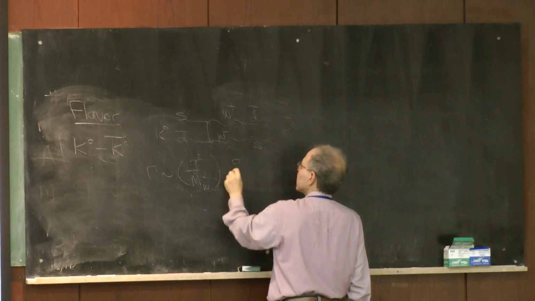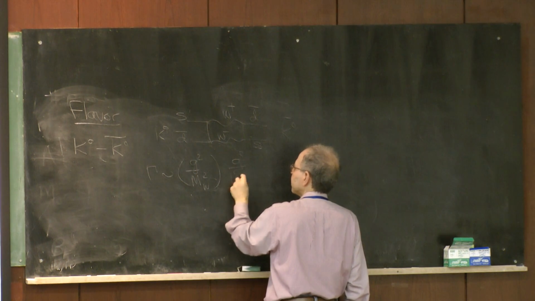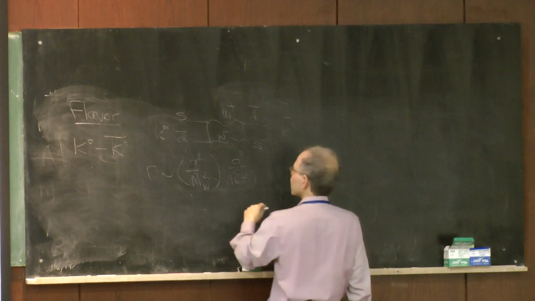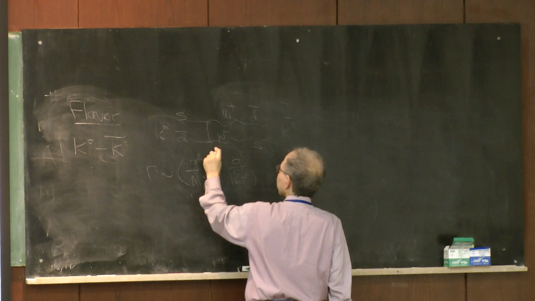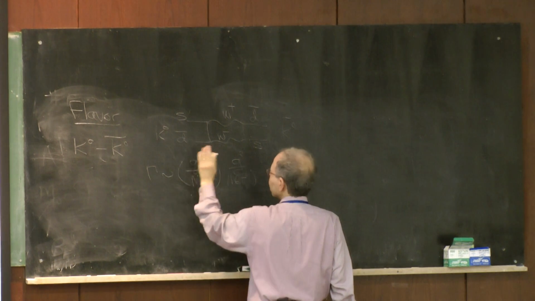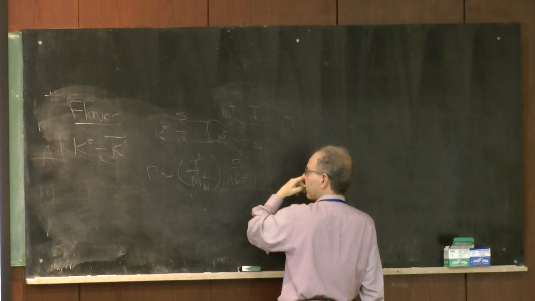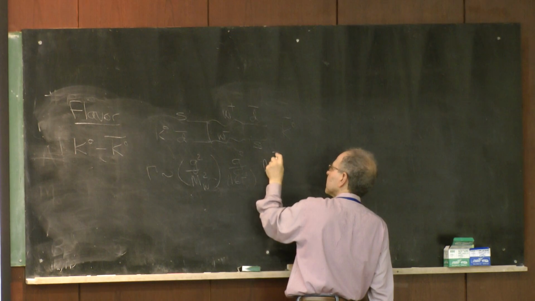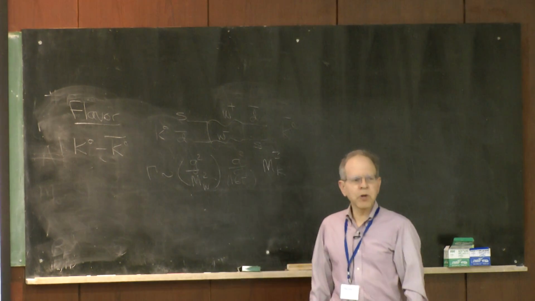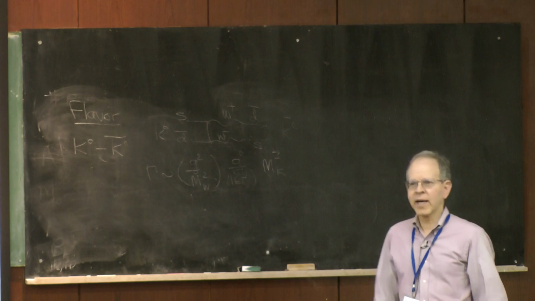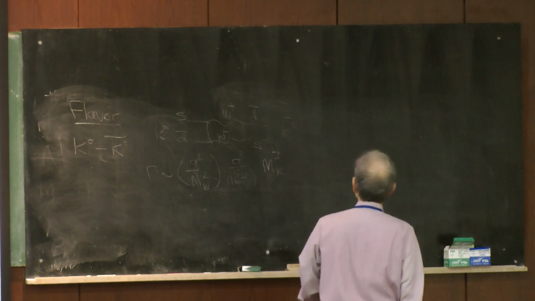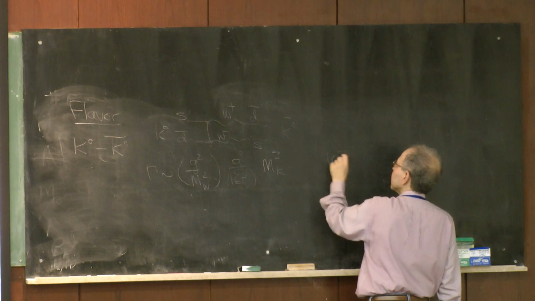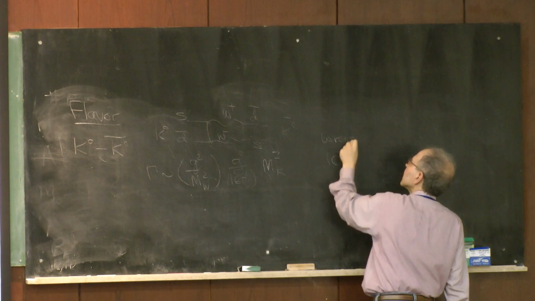Then there's a g squared over 16 pi squared, and to make up for the rest of the dimensions, I would put something like mK cubed. If you took that as your estimate, you would be wildly wrong, by a factor of order 10 to the minus 5.